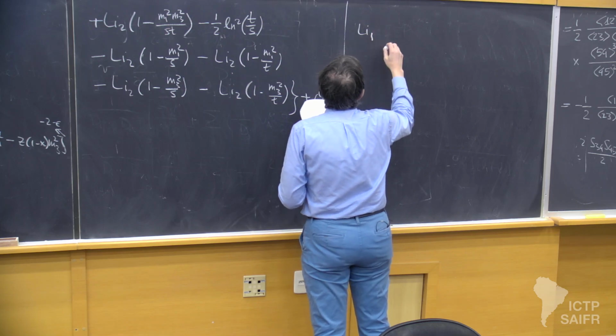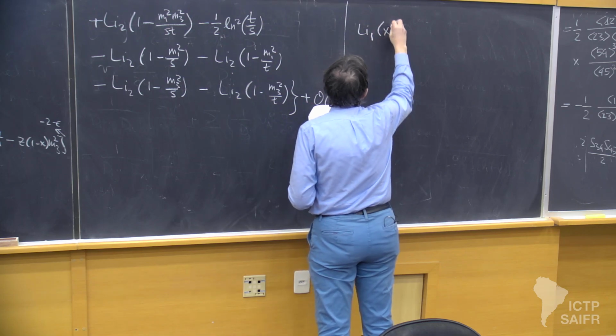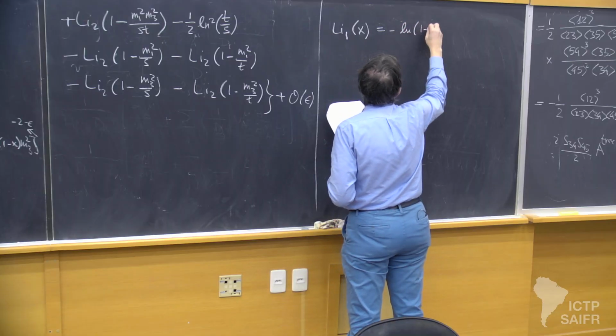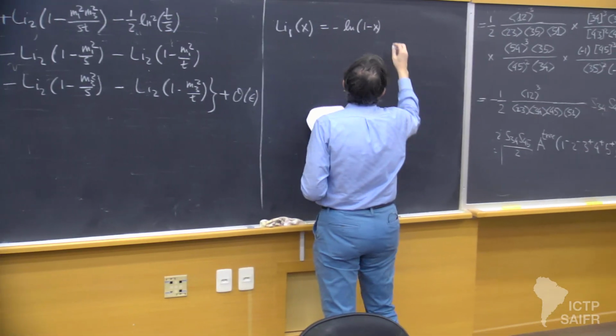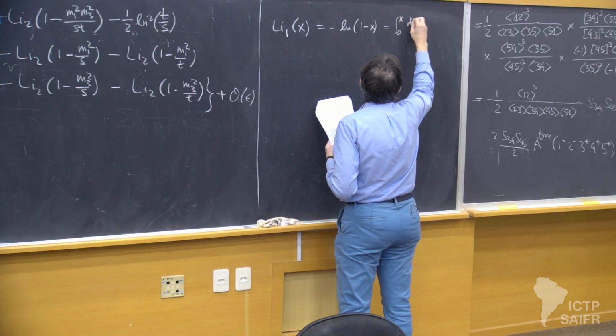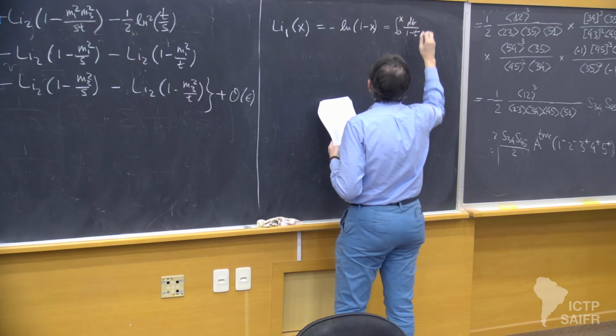So let's define something that you do know, which is Li1. This is just minus log of 1 minus x, which we could also write as the integral from 0 to x of dt over 1 minus t.